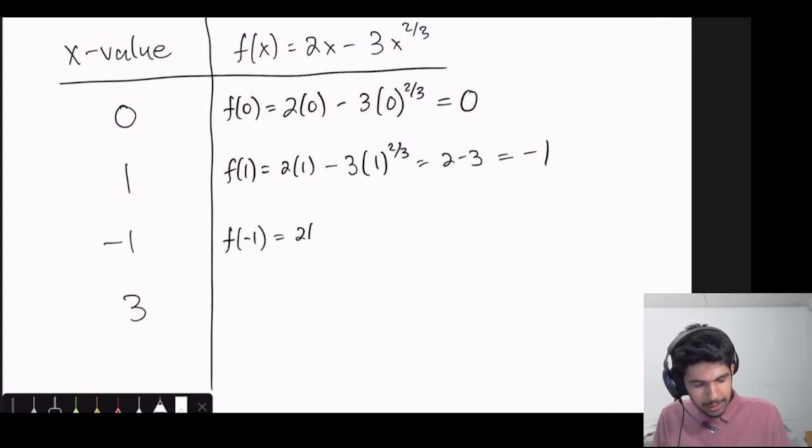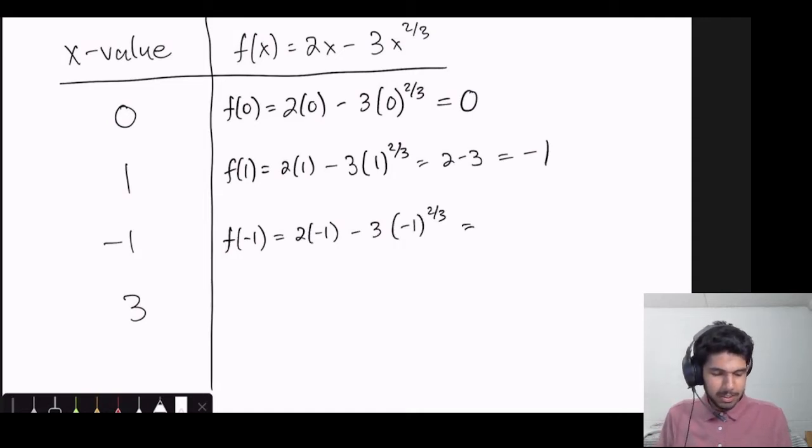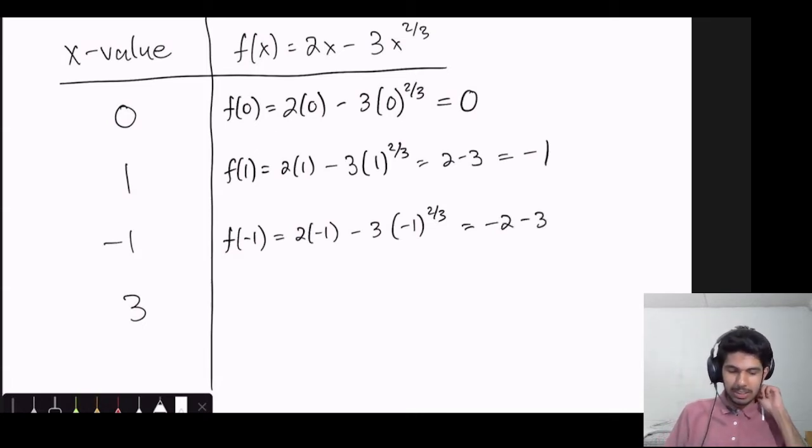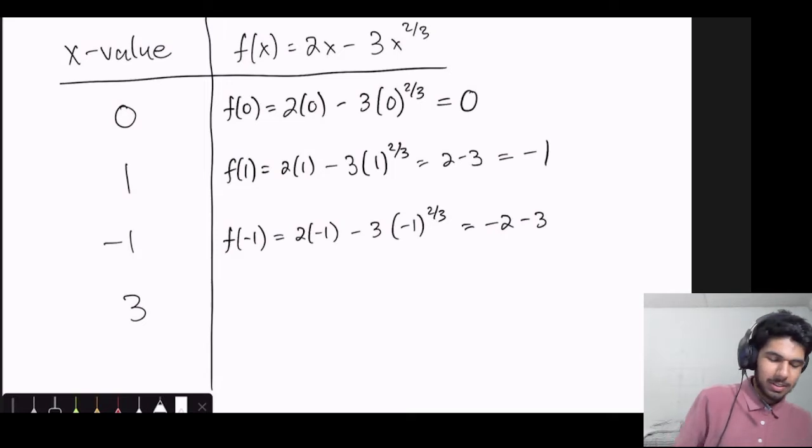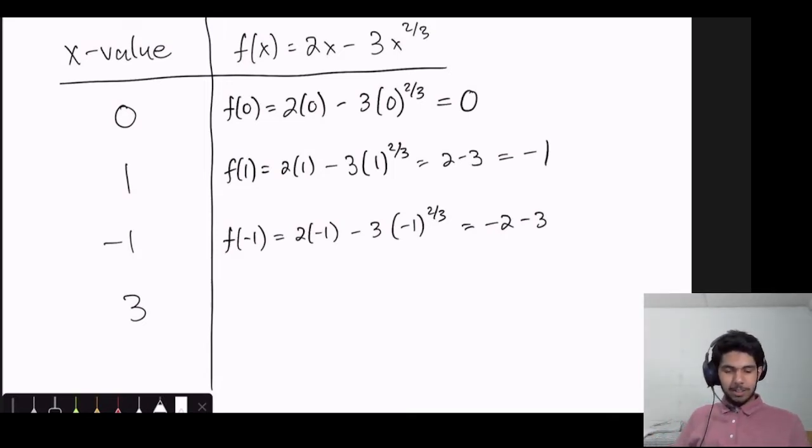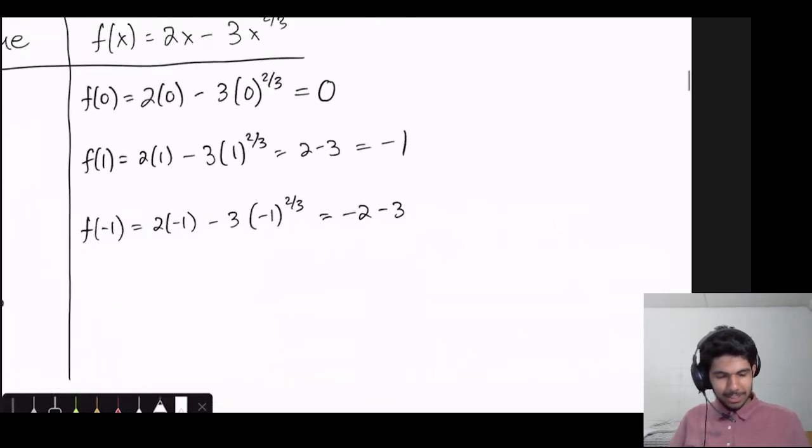That's equal to 2 times -1 minus 3 times (-1) to the 2/3. Okay, now we have to figure out, so the first term is -2, and then we subtract 3 times (-1) to the 2/3. The way we compute fractional powers, I'll just do a brief tangent over here.